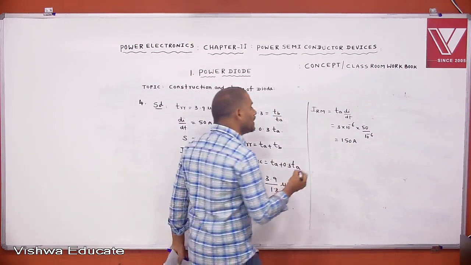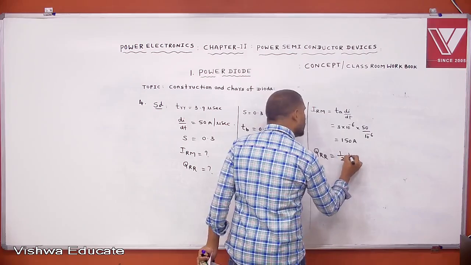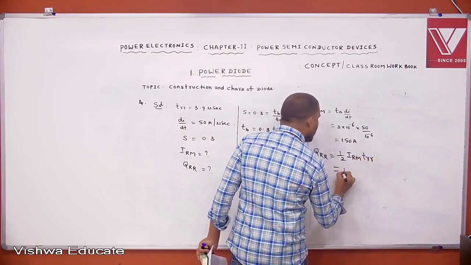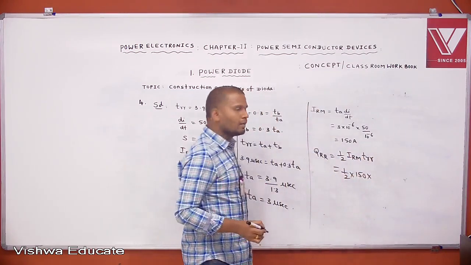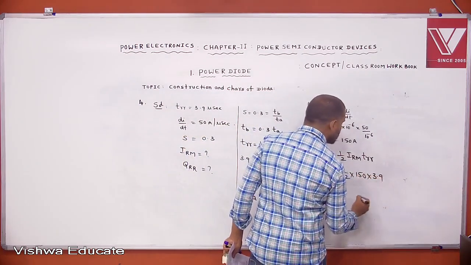And also calculate the stored charge. What is the formula for QRR? QRR equals 1 by 2 IRM into TRR. IRM is 150 and TRR is given as 3.9 microseconds.